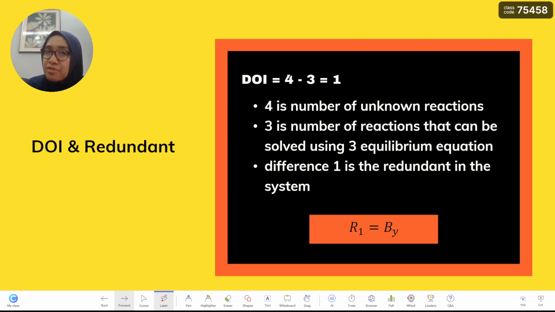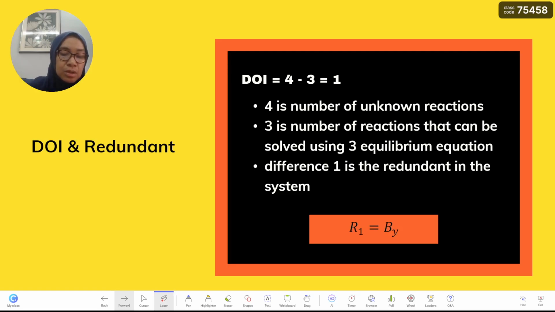The difference is 1, which means there is one redundant in this beam, and we have to choose one from the four unknown reactions as the redundant. In this example, I have chosen By as the redundant.